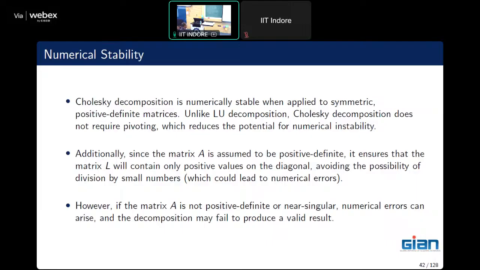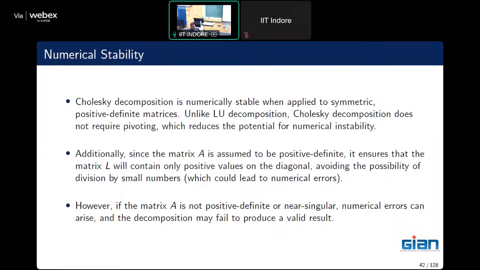Cholesky decomposition, as I told you, unlike LU decomposition, doesn't require pivoting, which reduces the potential for numerical instability. Additionally, since the matrix A is assumed to be positive definite, it ensures that the matrix L will contain only positive values on the diagonal, avoiding division by small numbers.